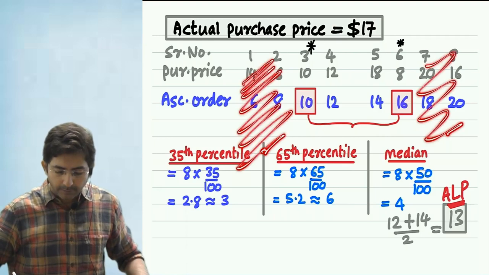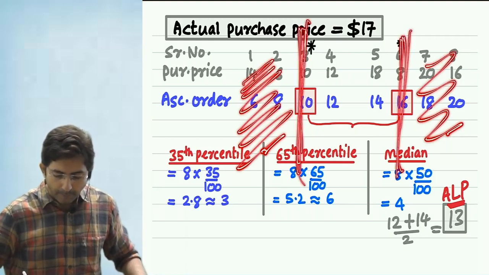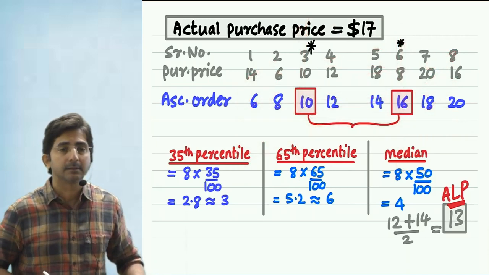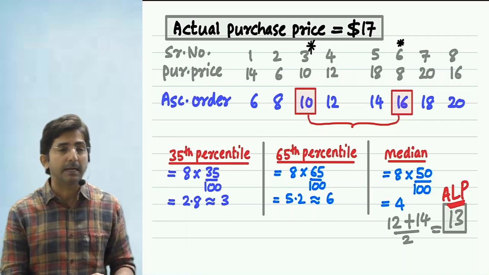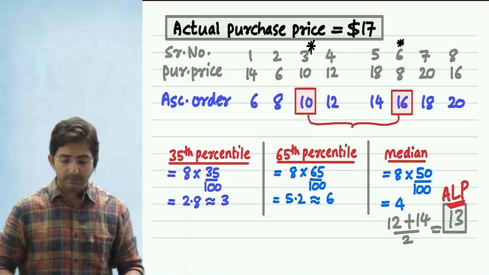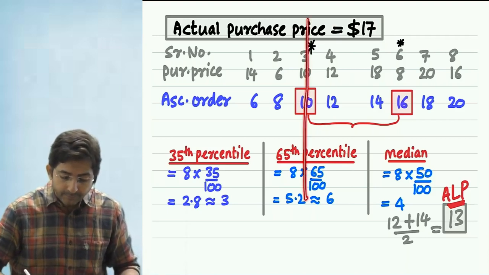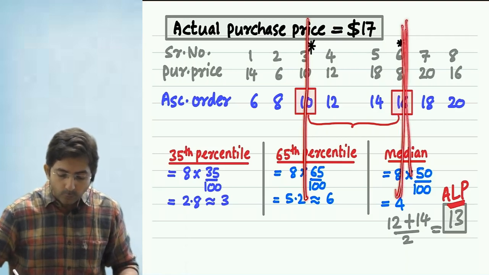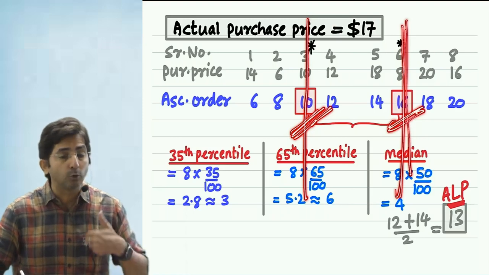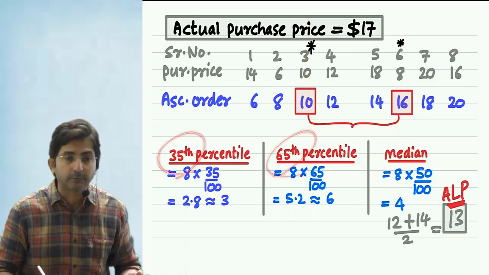After deleting them, I get a boundary of central prices, the prices which are neither too low nor too high. That is why we had to draw one line here, which means calculating the 35th and 65th percentile. Now you will automatically understand why it was necessary to calculate 35th and 65th.